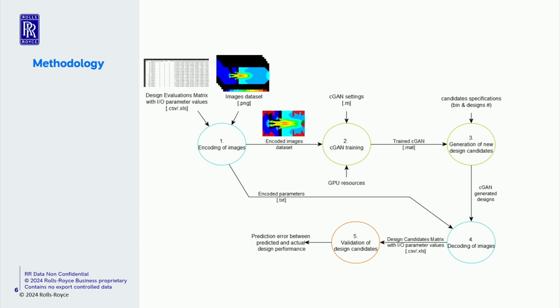There is the training of the model, where the configuration of the setup of the hyperparameters and also access to higher computational resources is key. There is the generation of design concepts, where some security aspects will come into play, as will be mentioned later on.